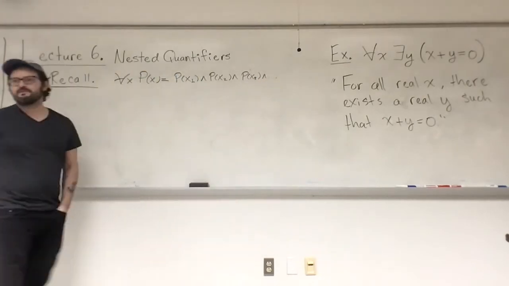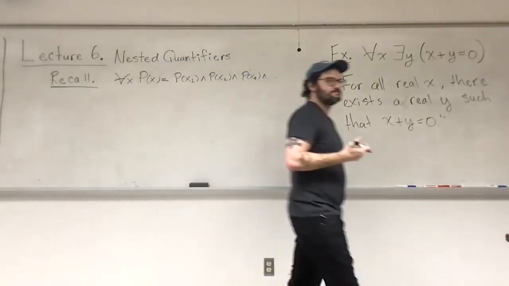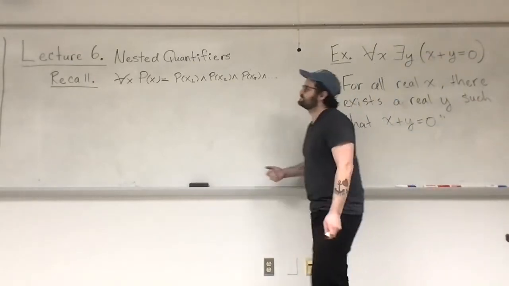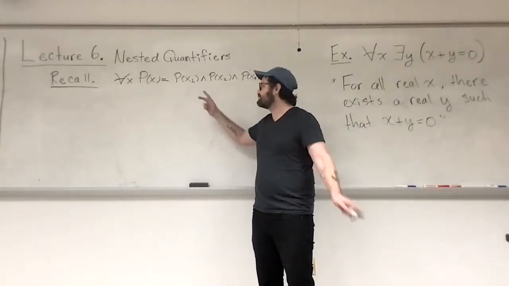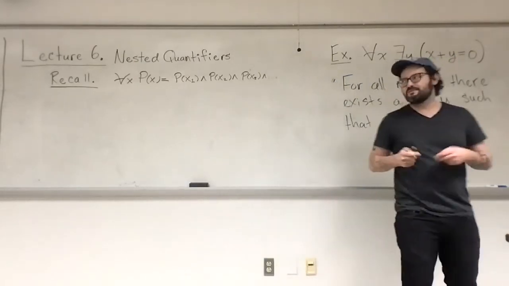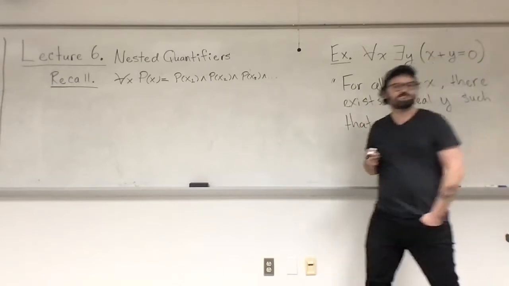That's a conjunction of the propositional function evaluated over every element in the domain. With the caveat that, technically speaking, we can only write out this list if the domain is countable, but we can ignore that for now. This is the general idea.